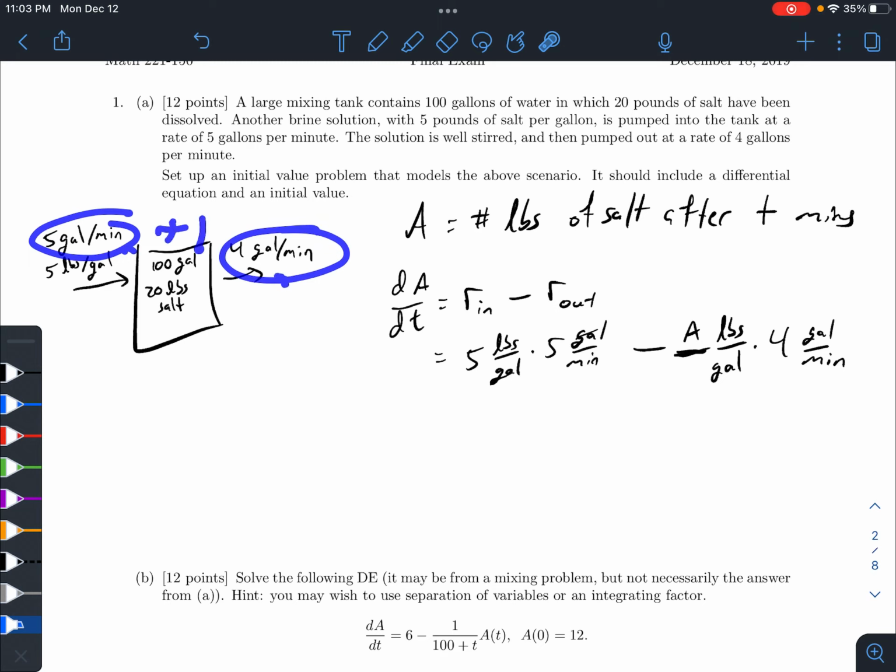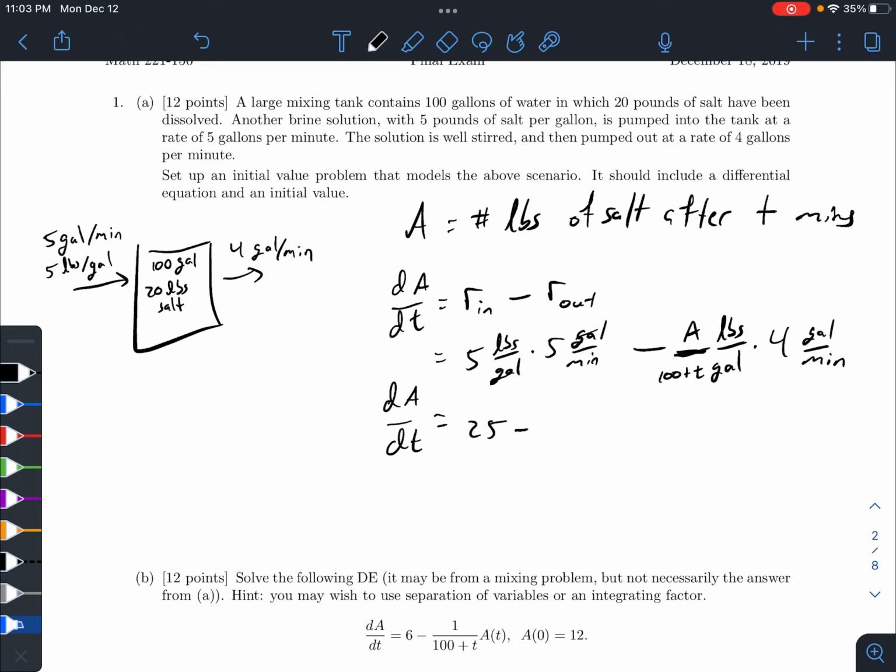Every minute, that's a net change of 1 gallon. So it starts at 100, and after t minutes, the number of gallons has increased by 1 times t. And so we get dA/dt equals 25 minus 4A over 100 plus t.